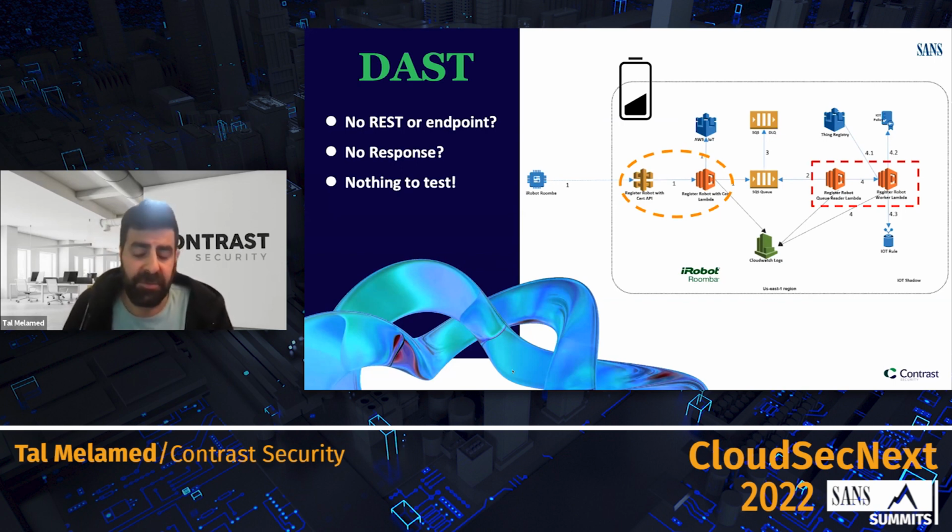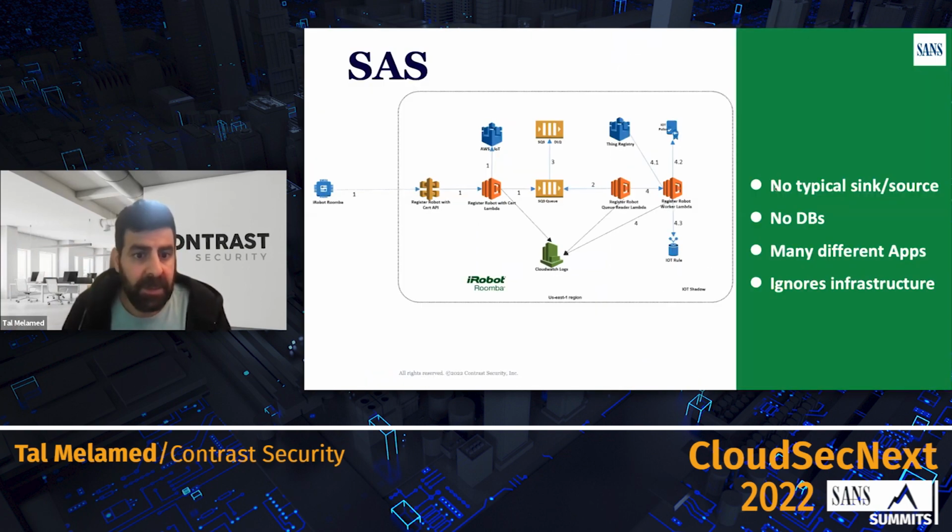In many cases in serverless, the request just triggers another flow inside your system. So in this case, the Lambda will write something to the SQS and another Lambda will pick it up and the response will be okay. So there is really nothing to scan here using DAST.